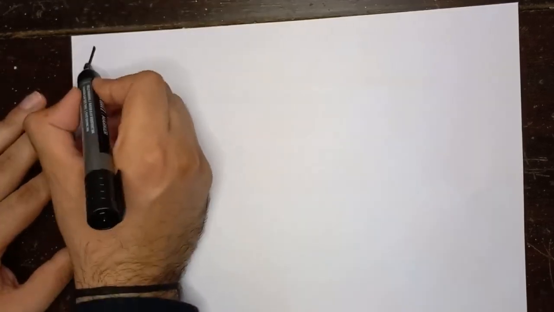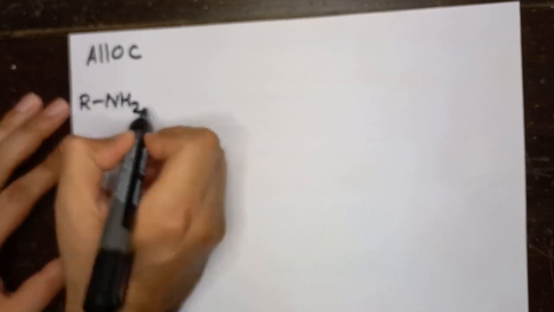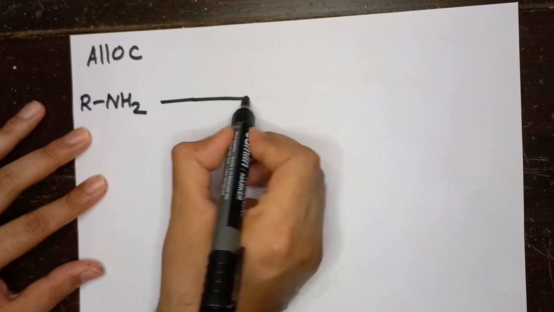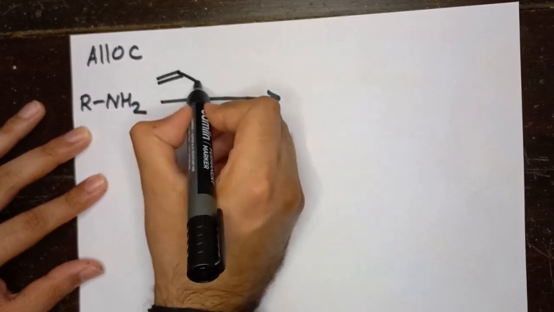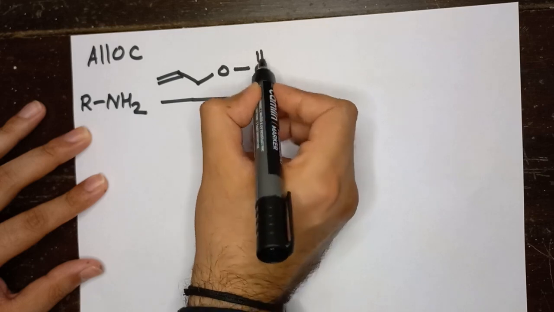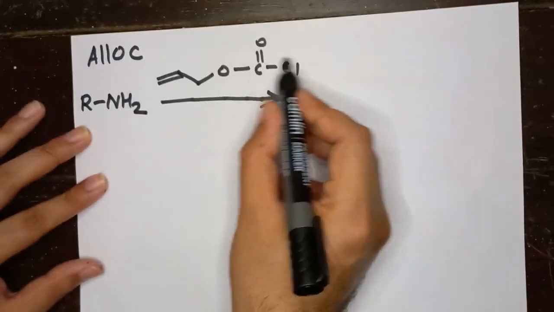Now let's talk about the alloc group. Suppose I have this primary amine, and I'm reacting it with this group. This is called alloc chloride.